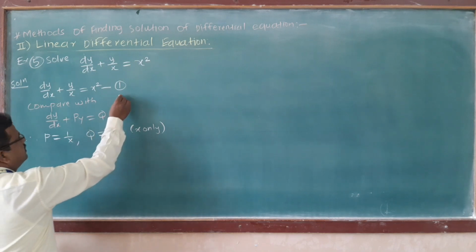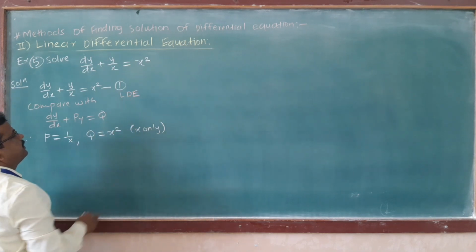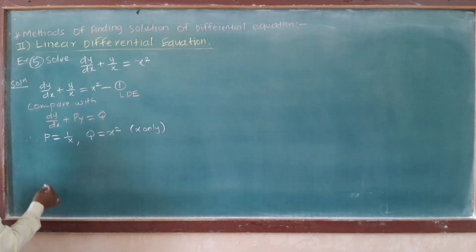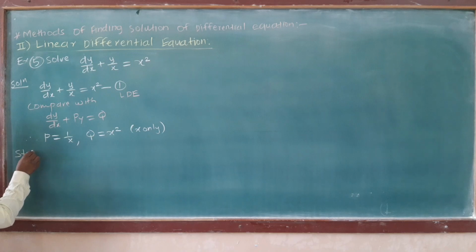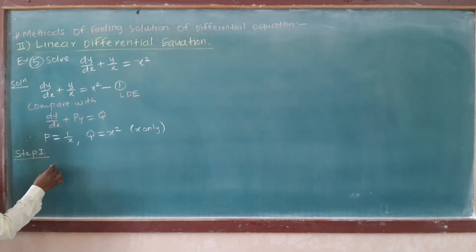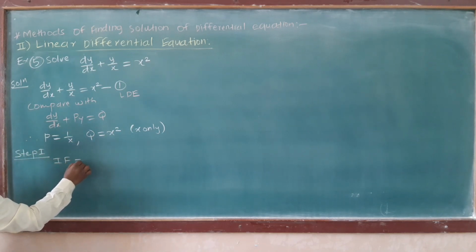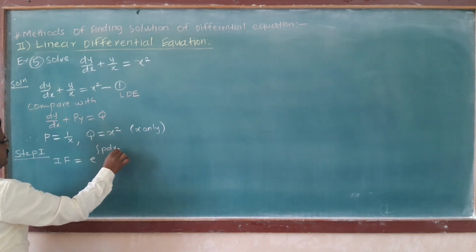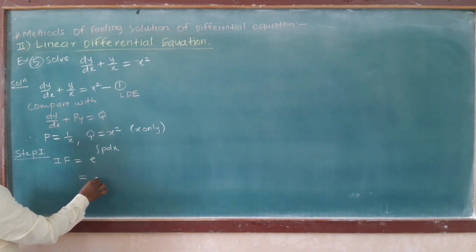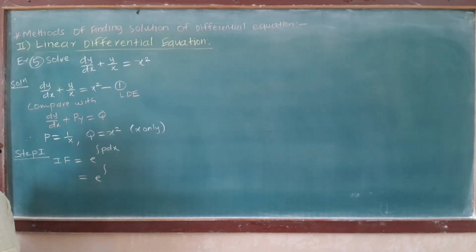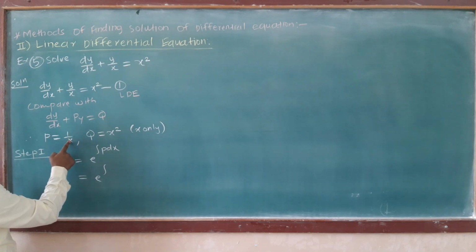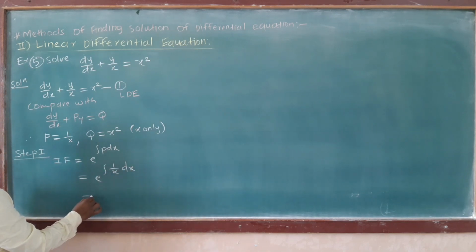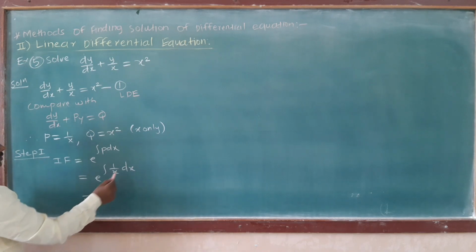This is nothing but a linear differential equation. So given this is a linear differential equation, by using this method we solve. In step first we find the integrating factor IF, which is e raised to integration of p dx, which is equal to e raised to integration of p, put the value of p as 1/x.